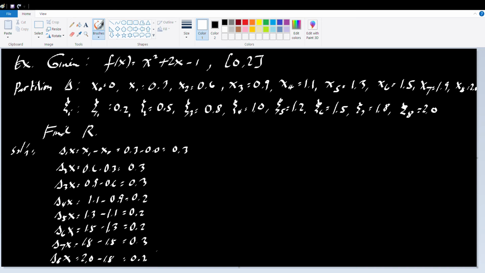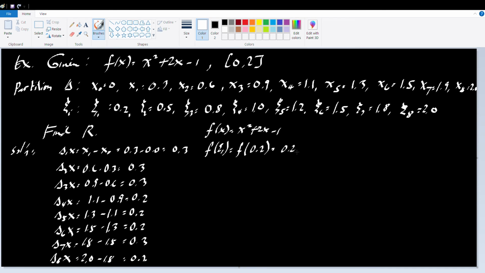Okay, as you can see, our delta x is not a constant value. The delta x's are 0.2 and 0.3. Next, we have to solve for f of c sub 1, or f of 0.2. The point chosen in the first subinterval is 0.2. Remember, our f of x is x squared plus 2x minus 1. So you simply substitute 0.2 for x.